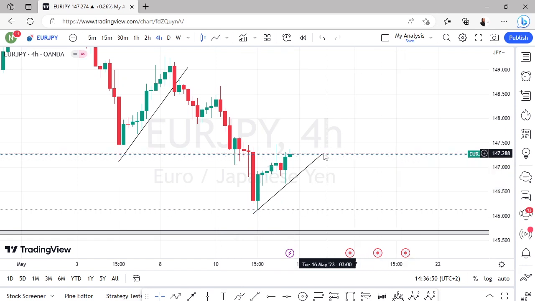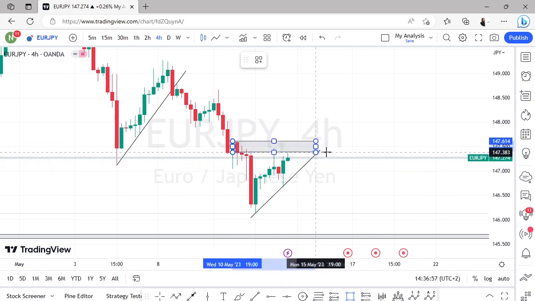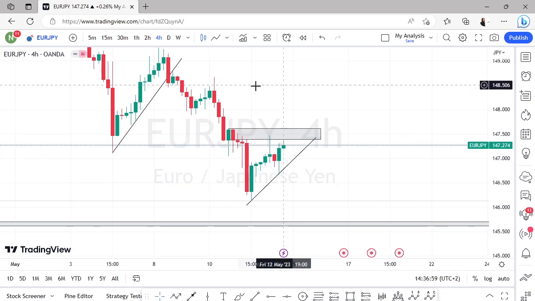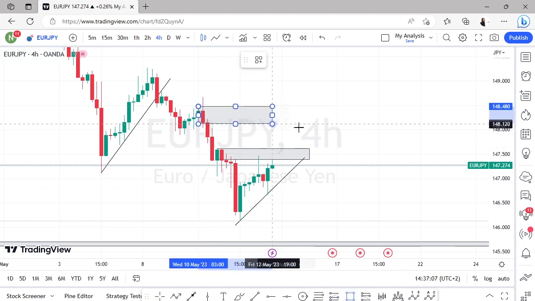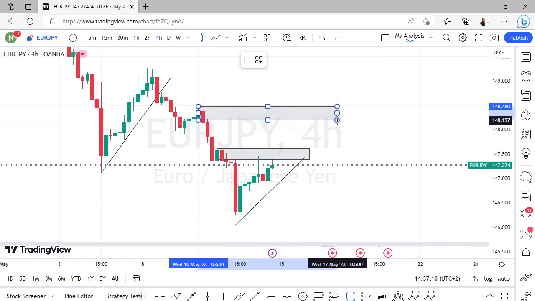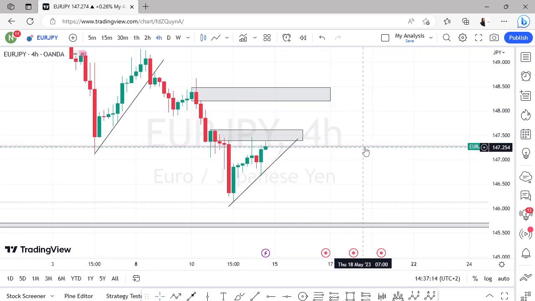Remember I told you how the market corrects. It's very important. So we have this here, and also this candlestick over there. I told you these candles, where I'm doing my rectangles, are where I see interest in the market.